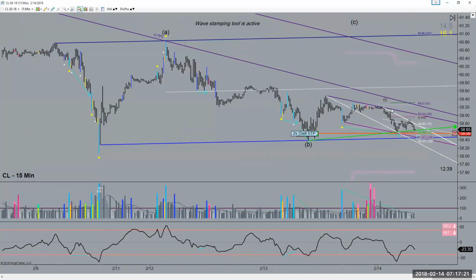So I suppose I could be getting lucky here with a little wave 2 of 3. But I doubt it.